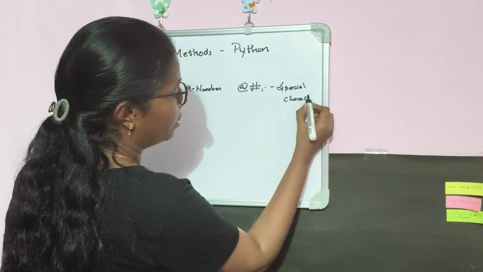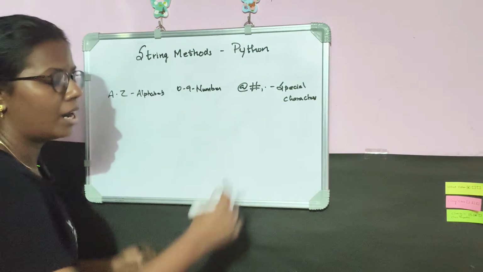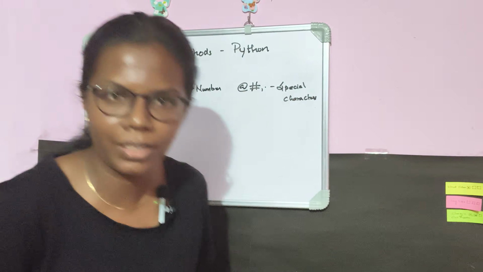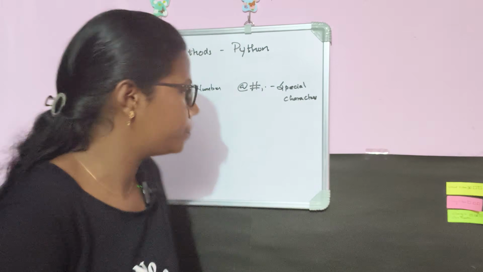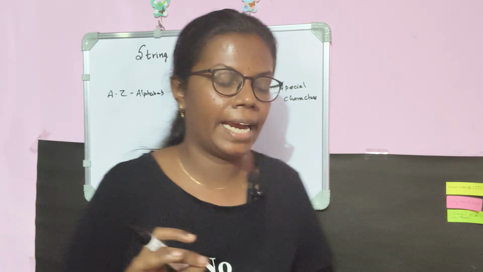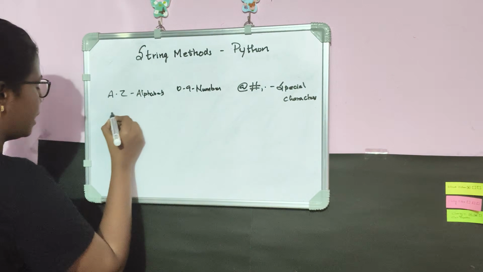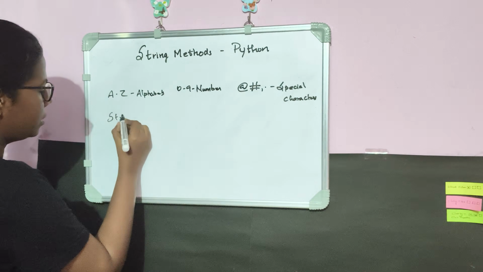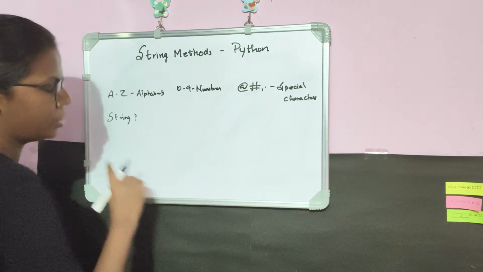You might have a doubt why I'm writing these unwanted things when I'm teaching string methods in Python. Let me clarify that. If you go to Google and search for what is string in Python, you'll get a definition. This is something that you are going to search in Google.